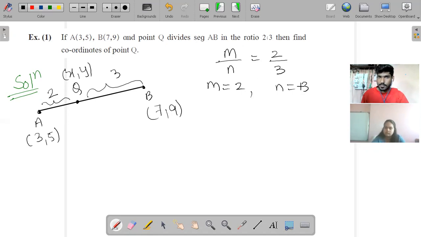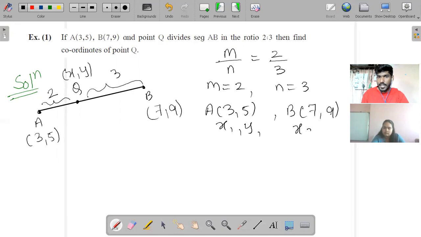Is this clear? Let the coordinates of A, that is 3, 5, be x1, y1, and the coordinates of B, that is 7, 9, be x2, y2.